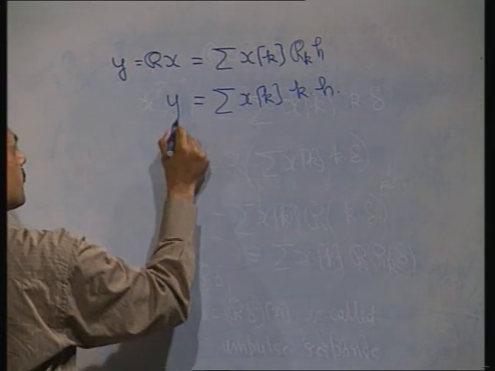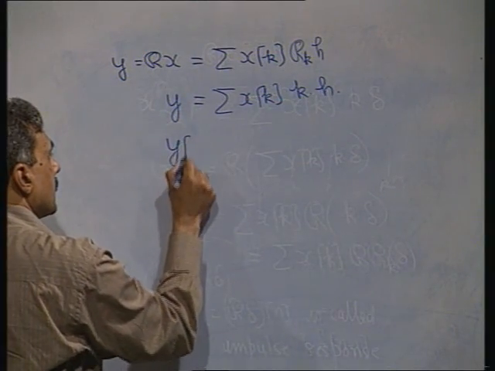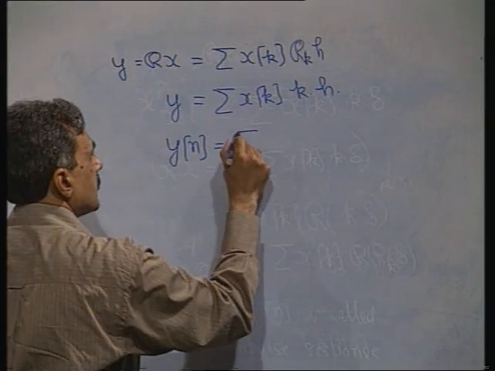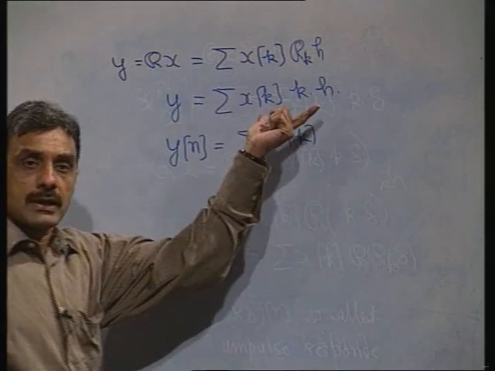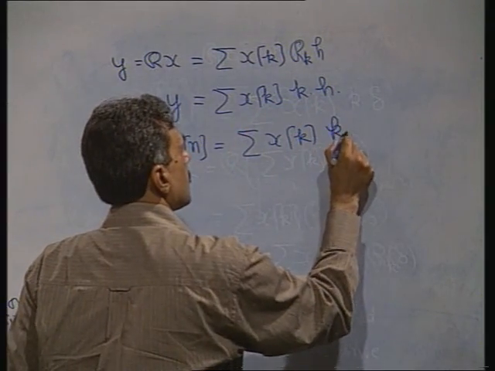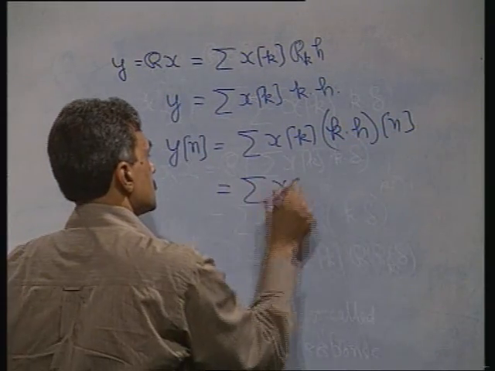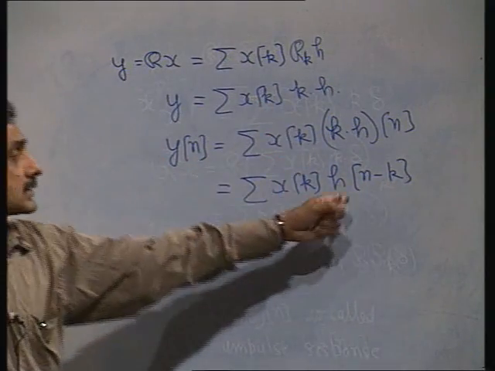So this is the map y. Now I want to evaluate this map y at an instant n. Basically, I am evaluating each component of the map at instant n. That means I am evaluating k dot h at instant n, but this is nothing but the delayed version of h.